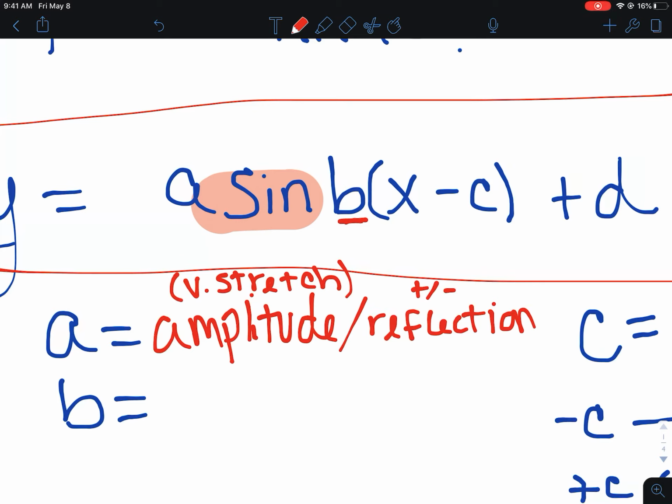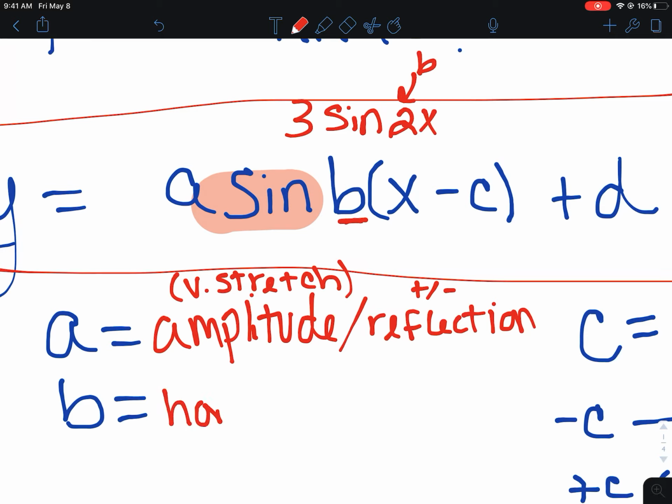The B value here, which is always in front of x, so far we've just looked at ones that might say like 3 sine of 2x. This is the B value, whether or not there are parentheses, okay? So in our case today, we're going to see parentheses for the most part, but the B value is the same.